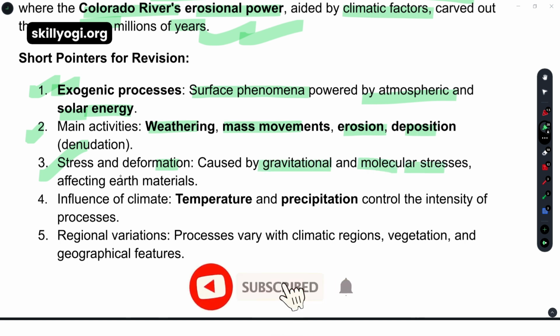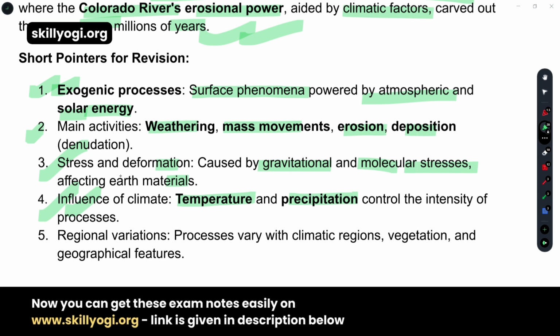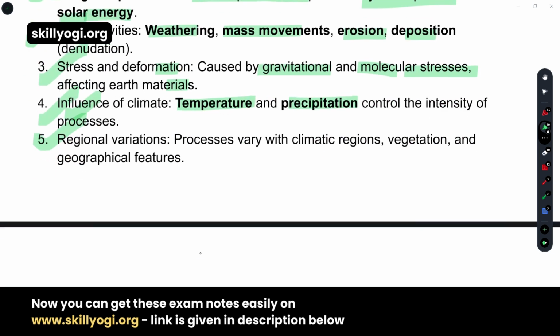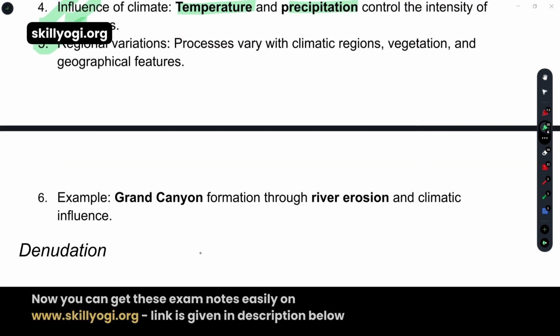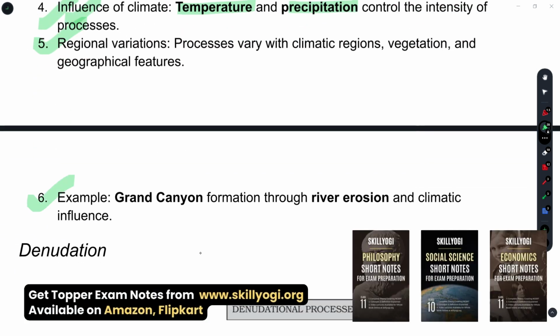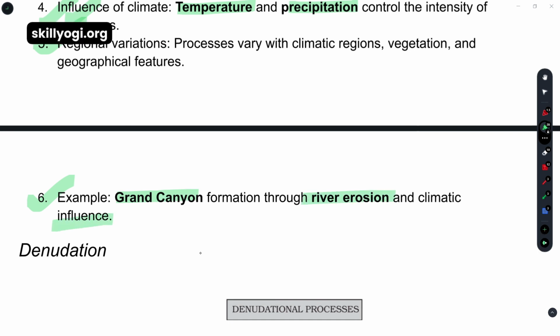Gravitational processes and molecular stresses which affect the earth material. Influence of the climate: temperature and precipitation, and you can also add humidity. And regional variations, that means the processes vary with climatic regions, vegetation and geographical features. The last point is the example: Grand Canyon formation through river erosion and climatic influence. These are the six points over there.